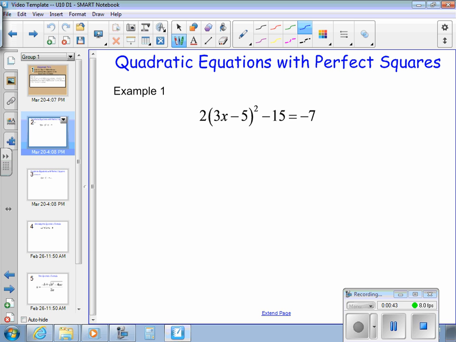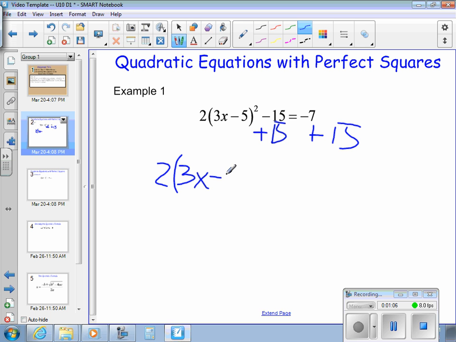Okay, so the first thing is that I need to get rid of all of the other terms that are on the same side as my perfect square. So I'm going to add this 15 to both sides of the equation, giving me now 2 times 3x minus 5, that quantity squared, equals 8.